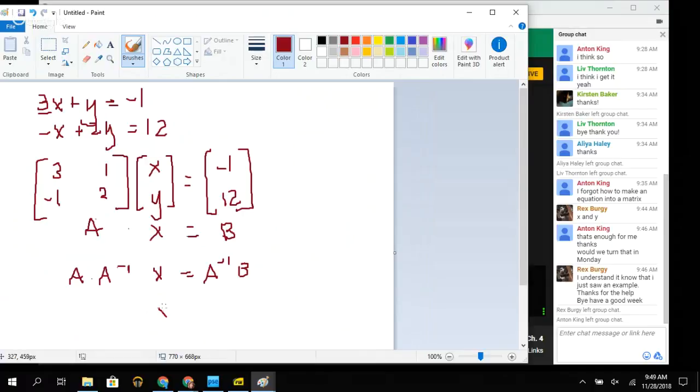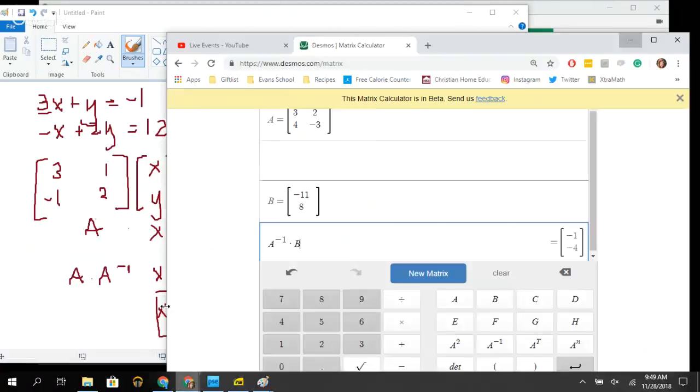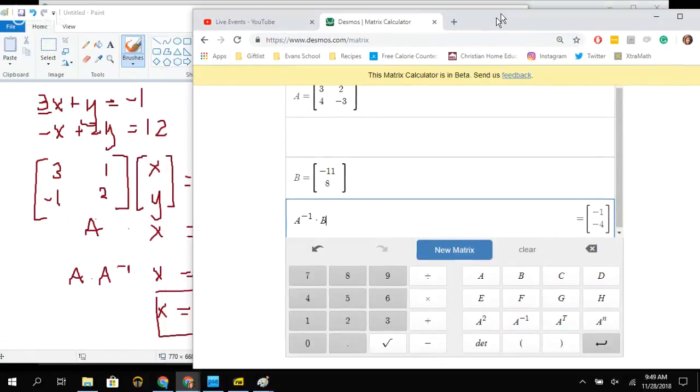X is just equal to the inverse of A times B. Every time, inverse of A times B. But now what I have to do when I go to my matrix tool is change my A and my B.